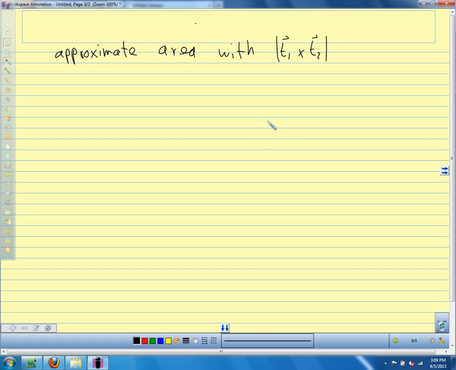So we're going to form that cross product. We have i, j, k, dx du delta u, and dy du delta u, zero, and then the same for t2: dx dv delta v and dy dv delta v, and 0.